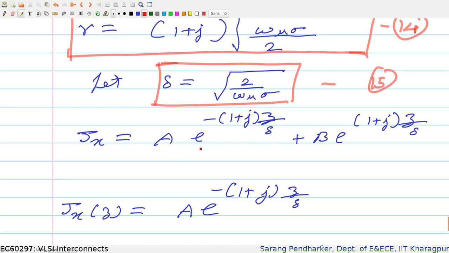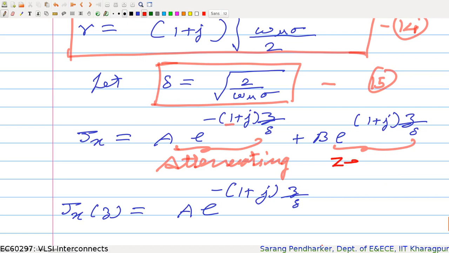So I have this. What I can see is that there is a real term here, e to the power minus z by delta. So this would be the attenuating term, and the other term would be amplifying as z increases.